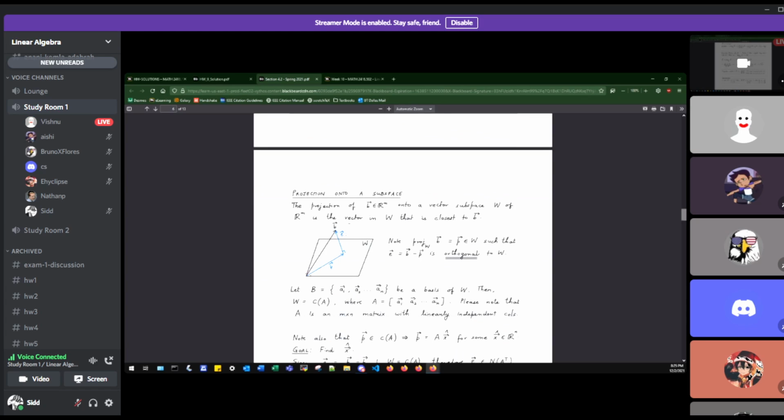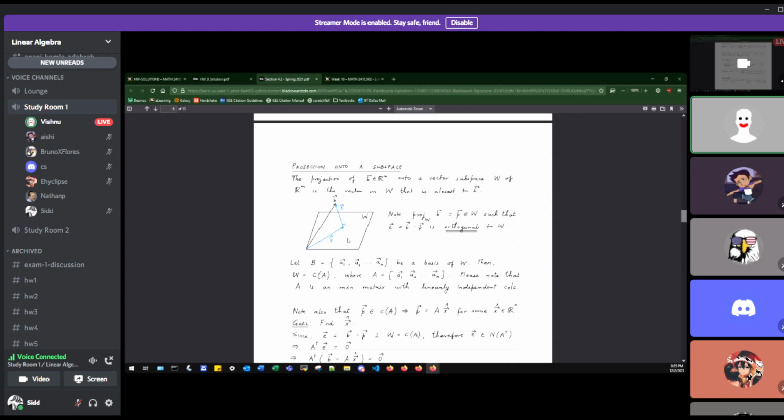Okay, this is projections onto a subspace. So if you have a subspace W and you have a vector B that is not necessarily in the subspace, the projection vector of B onto the subspace would be the vector closest to it.